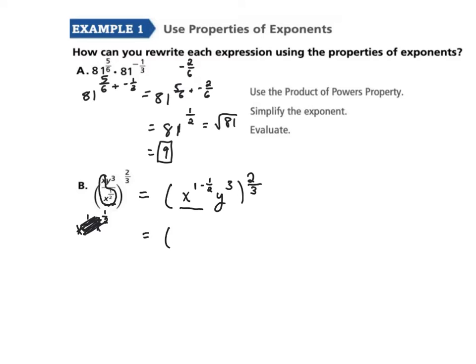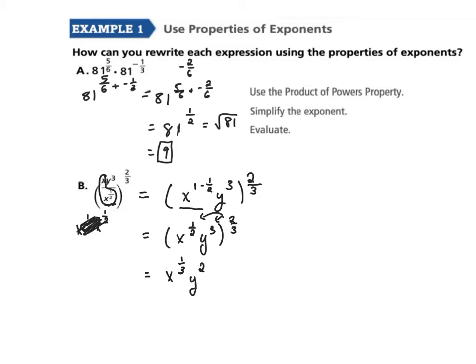So x to the first minus 1/2 would be x to the 1/2, and then y cubed to the 2/3. And then we have to distribute the 2/3 to both exponents. So we get x to the 2/6 or 1/3, and then y to the 6/3 or squared.